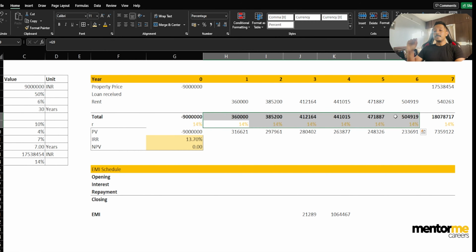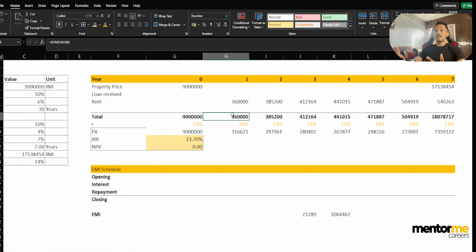There is a problem with IRR again, because finally you're just doing guesswork here. You're guessing that maybe this is the rate which is equalizing the cash flow, and hence this is the rate of return. But what it is assuming is that every year, this 3,60,000 rent or cash flow that you're getting, after paying off everything, you're reinvesting at the IRR rate itself.